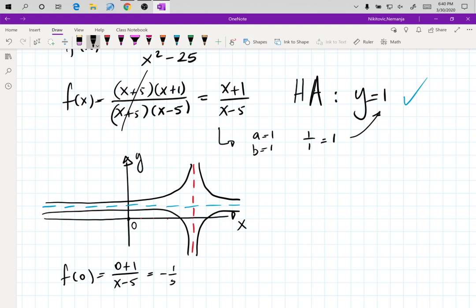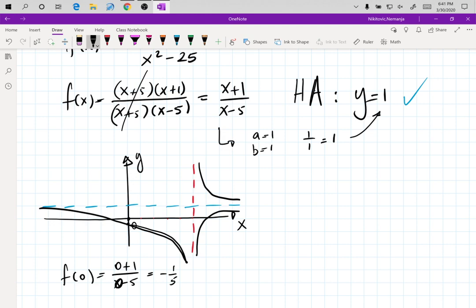It's negative 1/5. So we are eliminating the top line. And the bottom line looks like it's going to go through negative 1/5. So we should do more of a curve there, something like this. It has to go through negative 1/5.